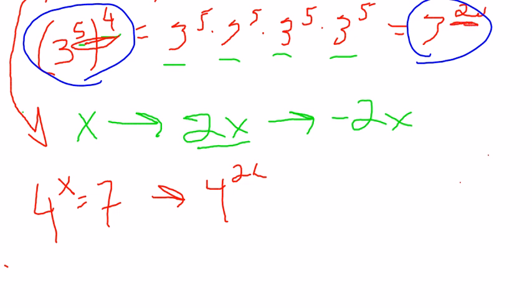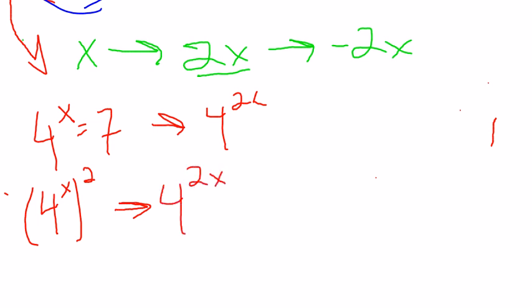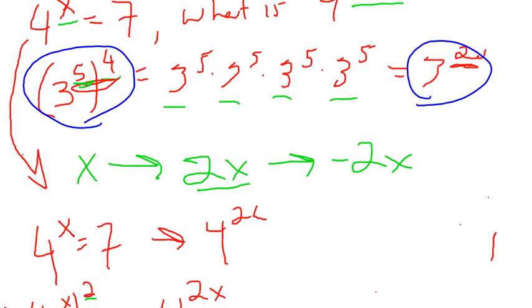So, notice if I go 4 to the x squared, if I square both sides essentially of this equation, then that is going to give me, by that power rule, 4 to the 2x, because I multiply the 2 and the x, just like up here I multiplied the 5 and the 4.